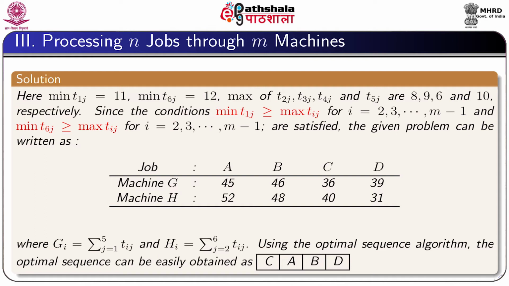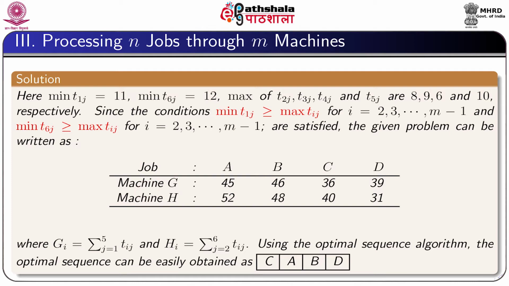Therefore, we can convert the given problem into a problem where we consider 2 fictitious machines G and H, and we have 4 jobs A, B, C and D. The processing times on machines G and H are shown in this table.